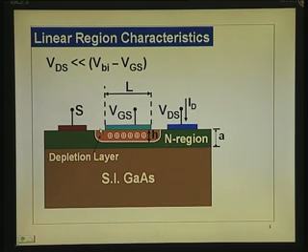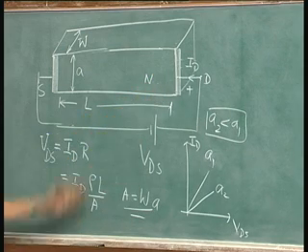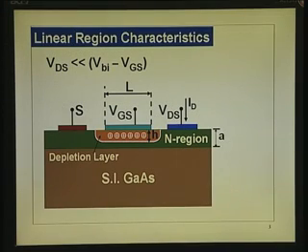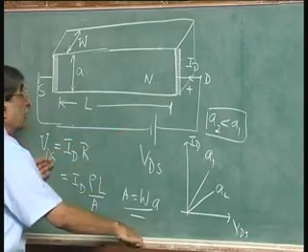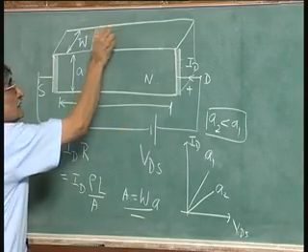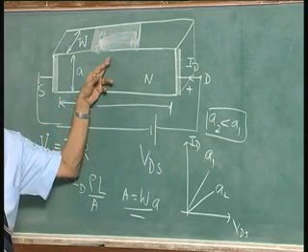I have not shown the gate, I have shown this length L. You do not put the contact physically there, you put it slightly away, because you do not want to short the gate to the source region. So there must be a separation between the two regions, and a contact will be put here like this, on the top.